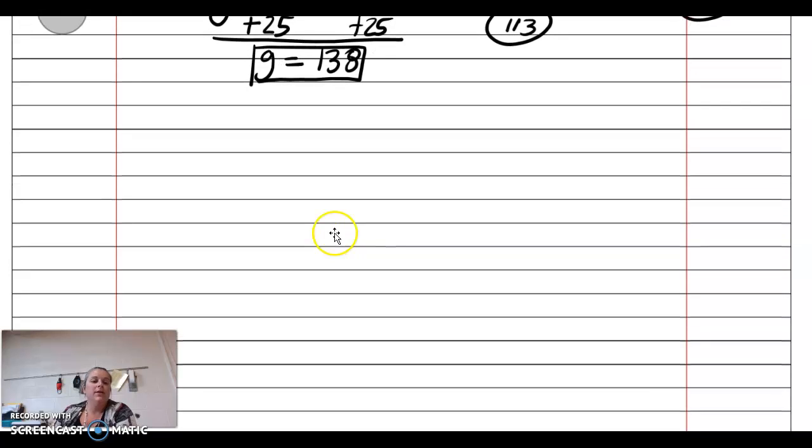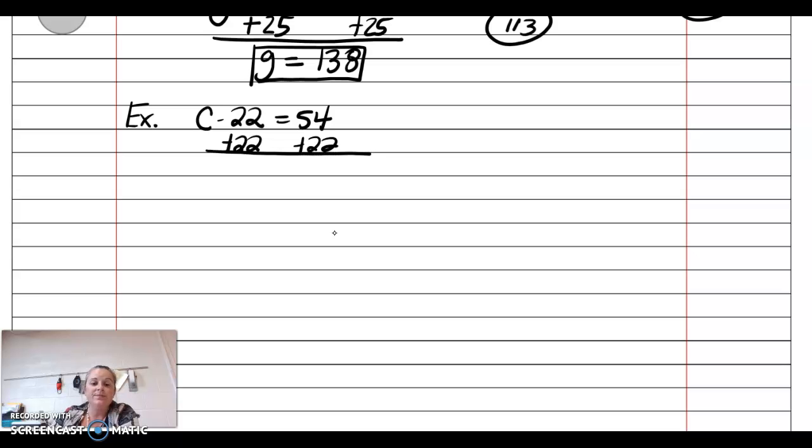All right, let's try this one. So if I did c minus 22 equals 54. Both sides have 54. In order to see what c is, we have to undo this minus 22. So to undo that, we do the opposite. Let's add 22. If I add 22 to the left side of my equal sign, let's add 22 over here.